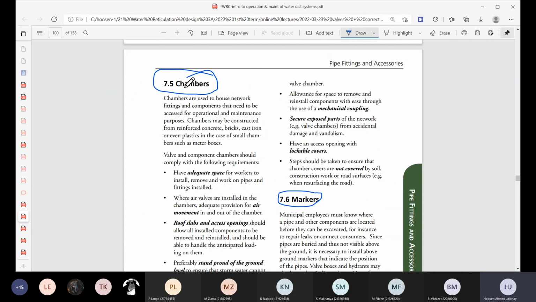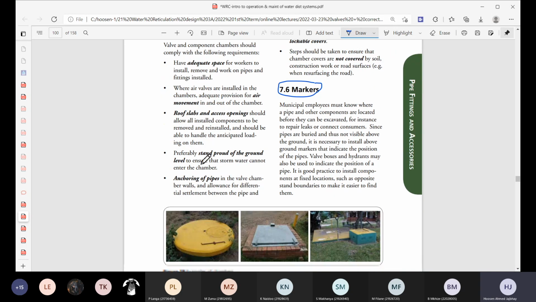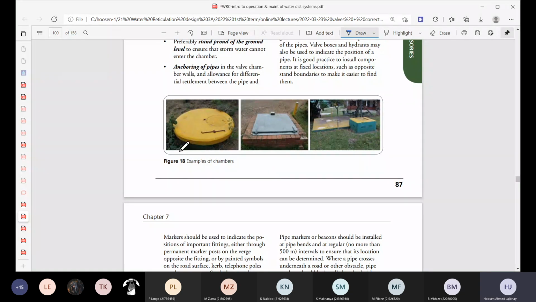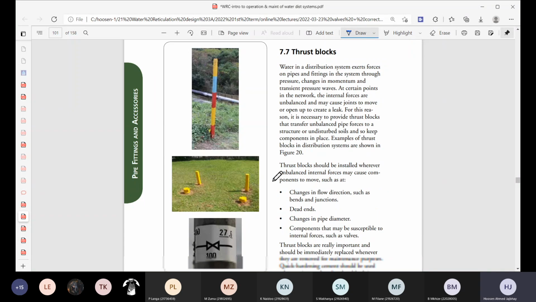Some of the gate valves, for example, you can put them into the sand and whatever. But some valves require a chamber. For example, an air valve you cannot just cover up in sand. It's not going to work, because it needs to release air, so it needs a chamber. You can read up on this section. It will just be of interest to you, but it's not required for this particular module.